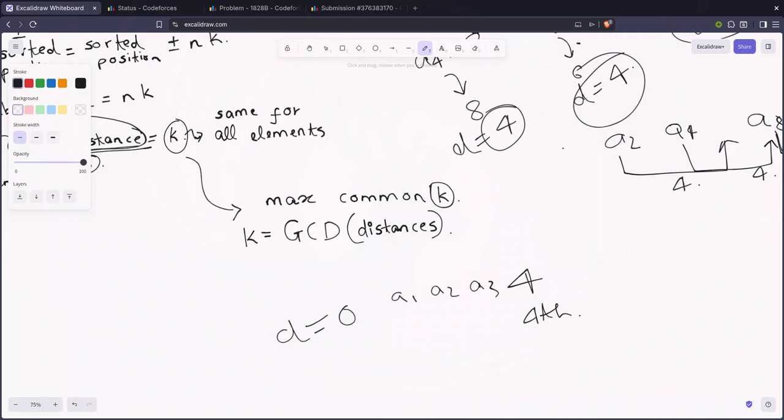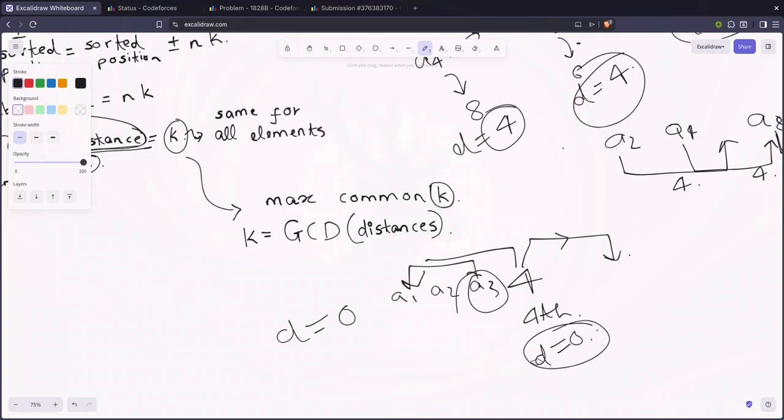So this is at the correct position, and for this the distance is equal to 0. There is no need to jump this number anywhere, no need to swap this. And for all the rest of the numbers which need swapping to be at their correct positions, we need to find the GCD of all those distances.